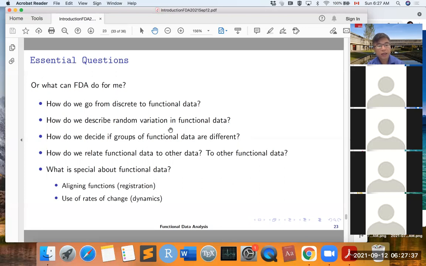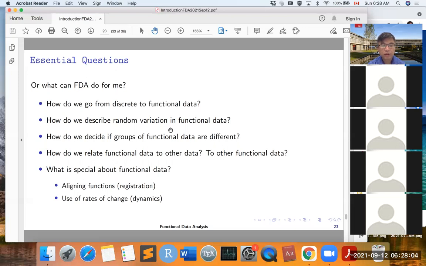Something special about functional data is that sometimes we may want to align the functions such that they have their peaks happening at the same time. This is called registration in functional data. We will not cover it in this course.